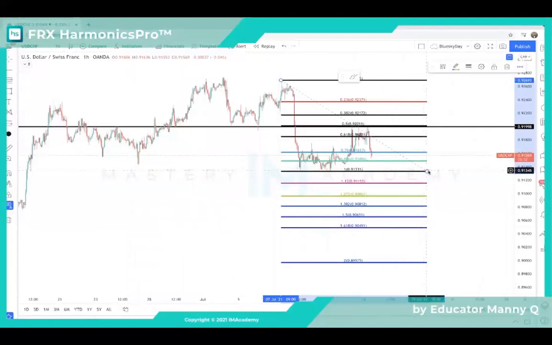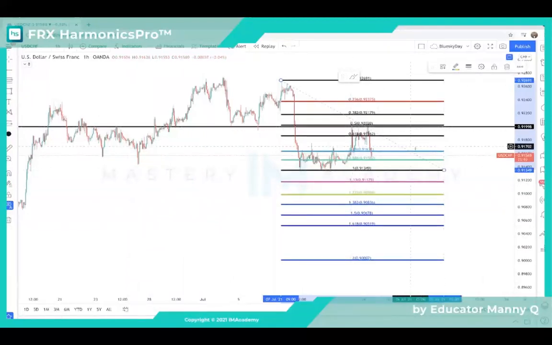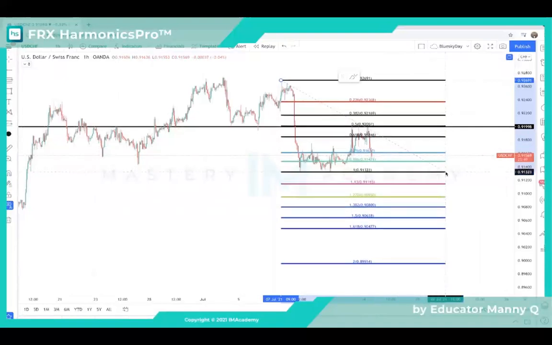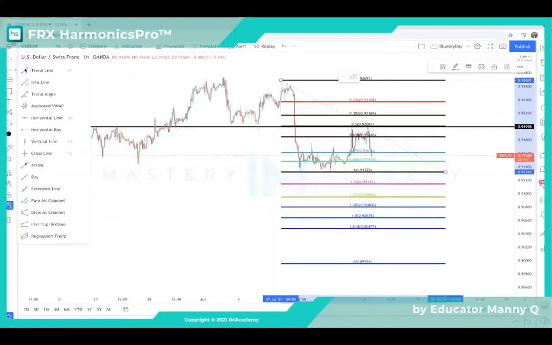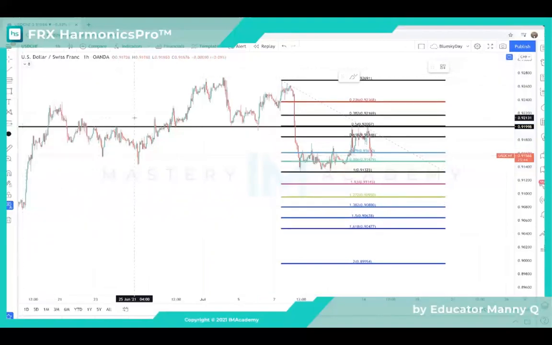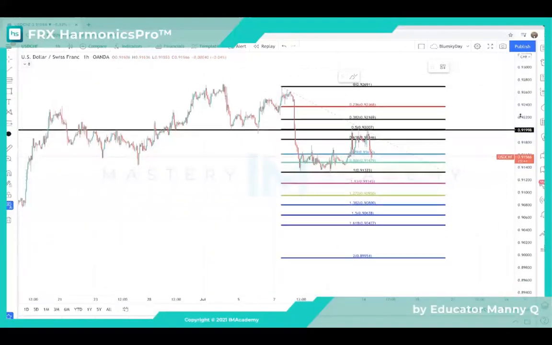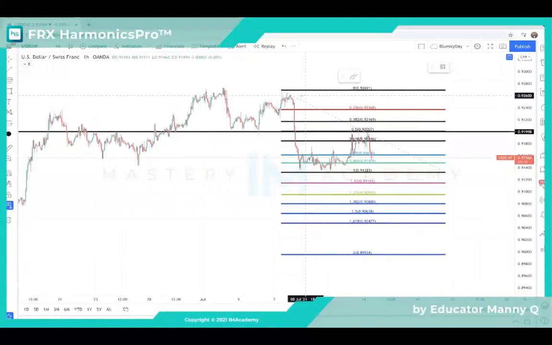Now, we can see these red boxes are the pullback levels. Essentially, depending on the direction of the trend, if the trend is bearish, you plot the Fibonacci from the high to the low, like a slingshot.